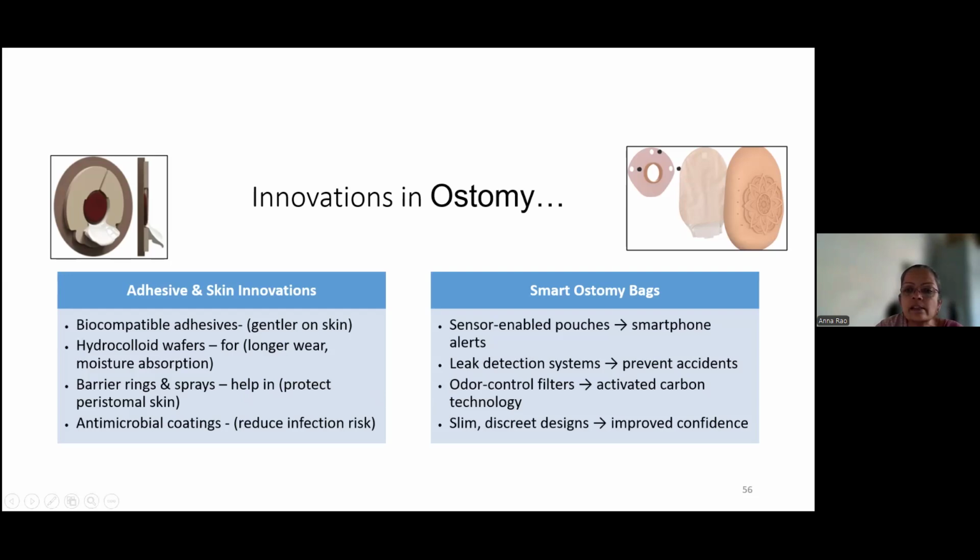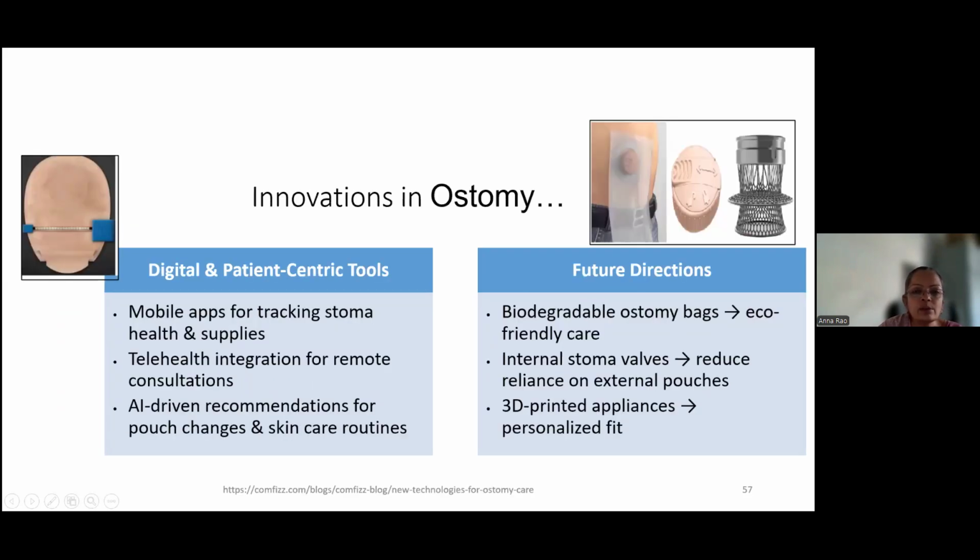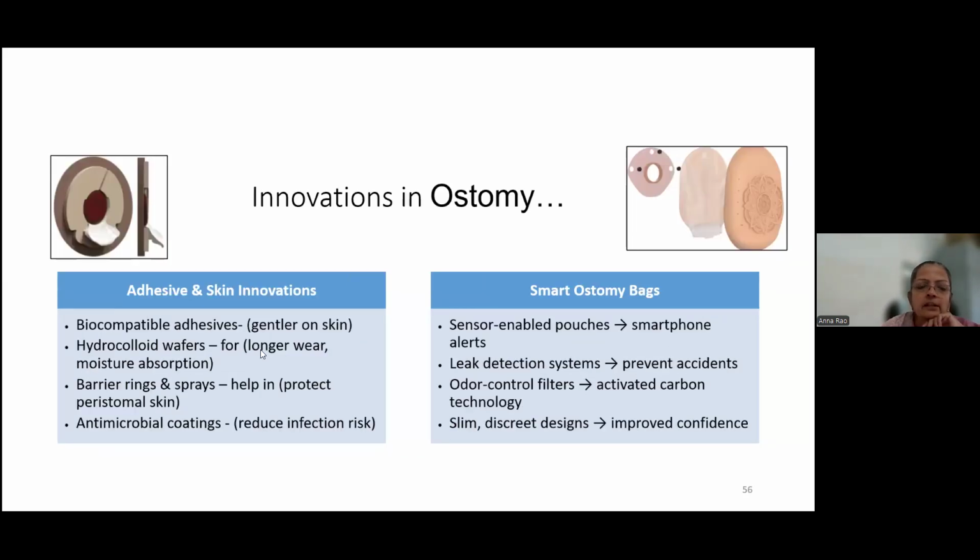There are sensor-enabled pouches also, which can be attached to a smartphone. They will remind the patient when to change their pouch, when it is going to overflow. Thank God, light has come. Then there are hydrocolloid wafers also available.